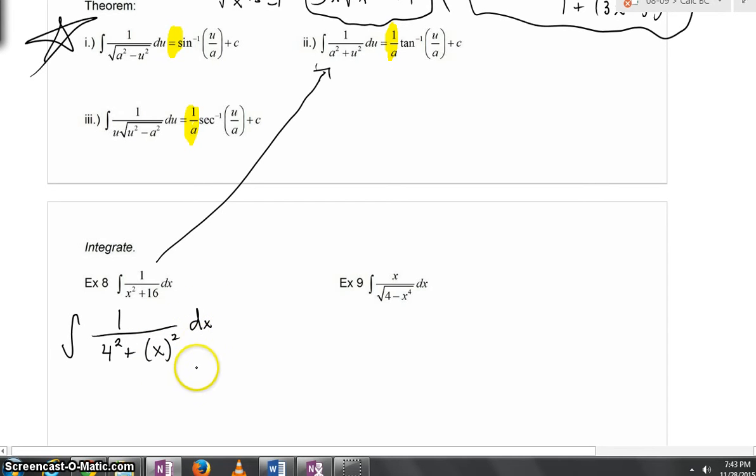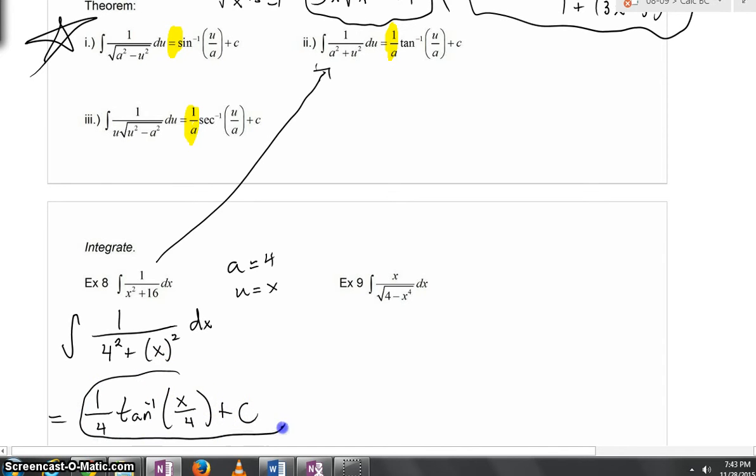And if that's the case, we can pretty much notice that our a would be equivalent to a 4. And our u, of course, would be equivalent to an x. And if that's the case, this integral would become 1 over 4 times the inverse tangent of x, which is my u, all over 4 plus a constant. And that would be sufficient.